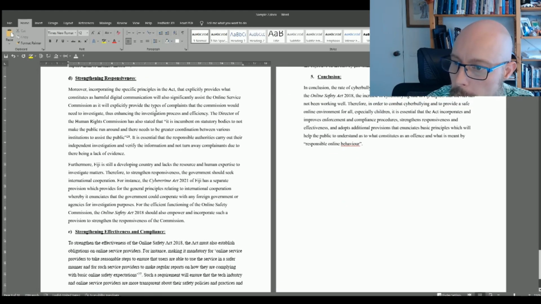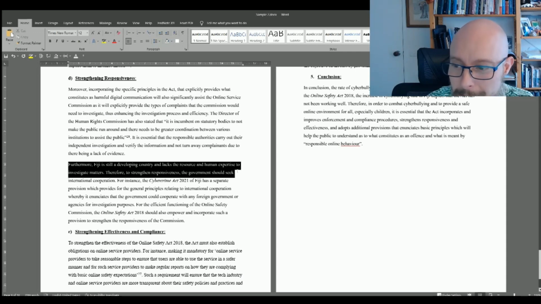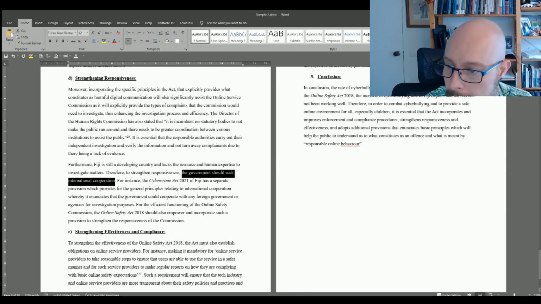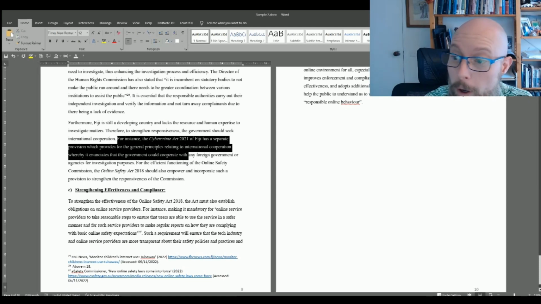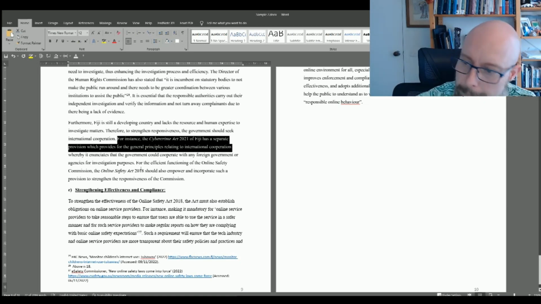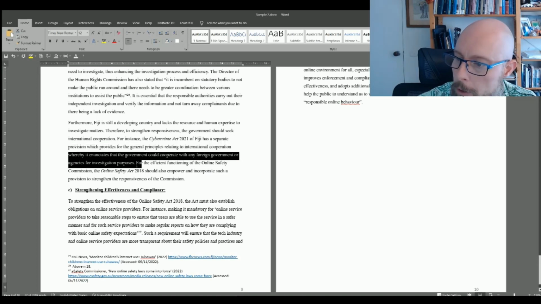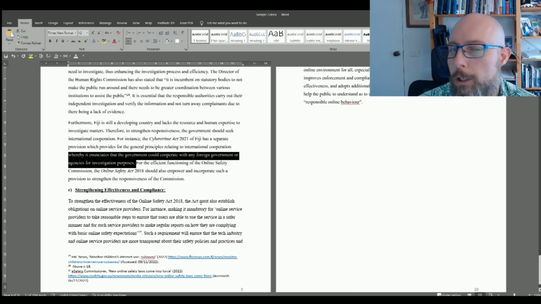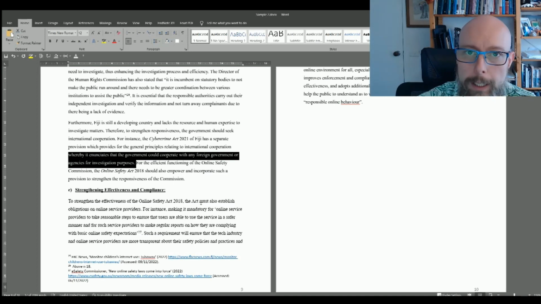Responsiveness. Okay, so now we're saying, well, how do we strengthen responsiveness? We're acknowledging that there's a lack of resources, and it's saying that the government should look overseas. So the Cyber Crime Act looks at international cooperation. Okay. It's because we're talking about transnational crimes, and that's required. I'm not sure how Fiji's government could cooperate with a foreign government because a student at RKS was bullying another student online on Facebook in Fiji or on TikTok or whatever.